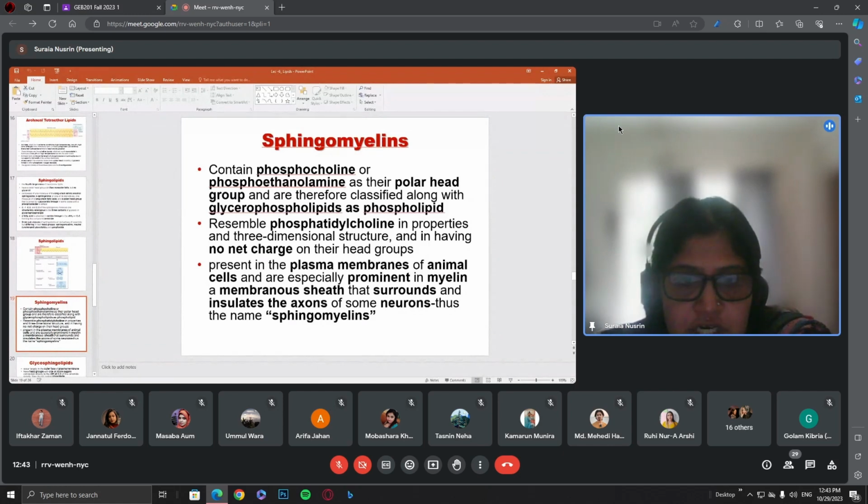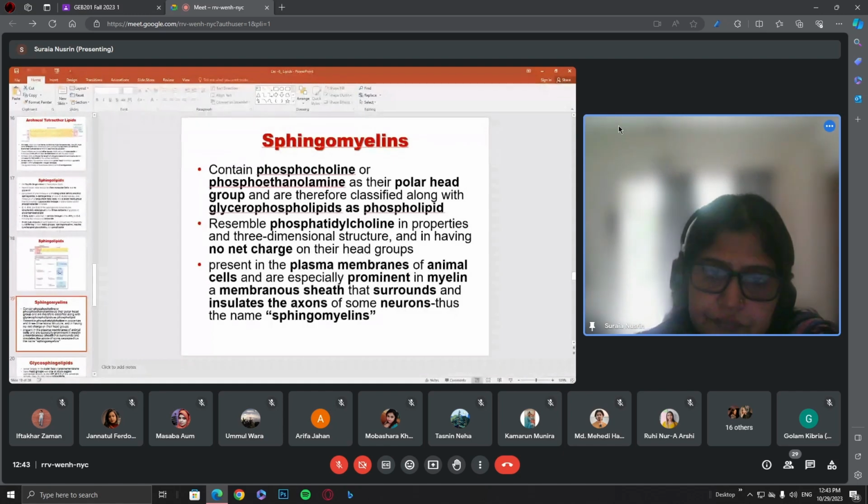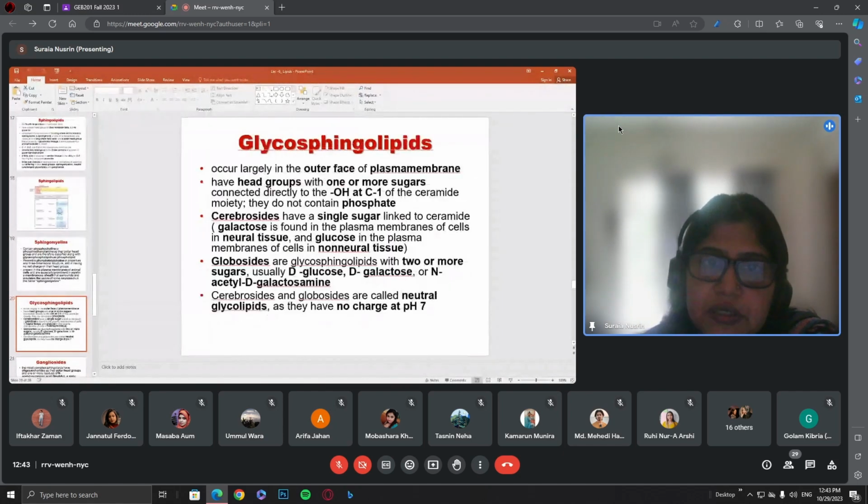There is no net charge. Where can we find it? In the plasma membrane of animal cells, specifically in the neuron's axon. The axon is covered with a sheath called myelin, because the myelin is made up of sphingomyelin. So this is one sphingolipid.